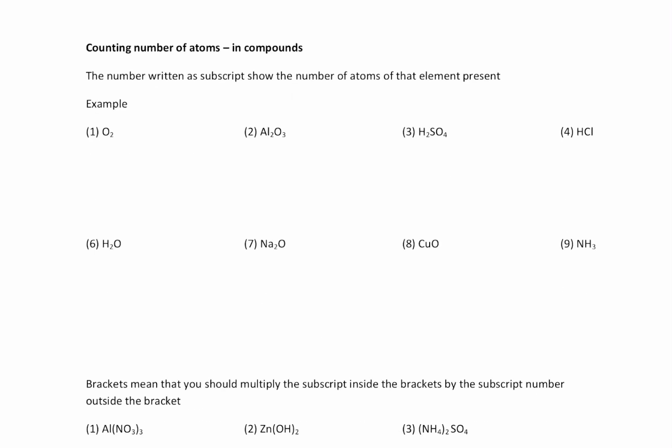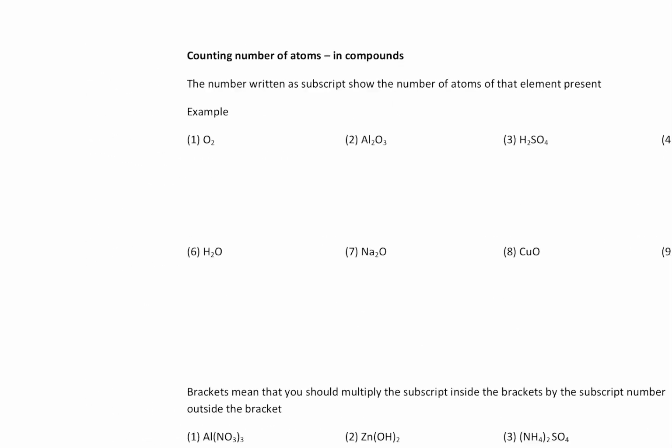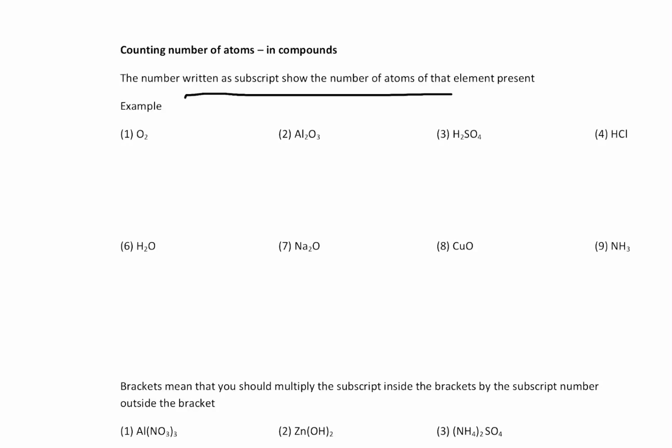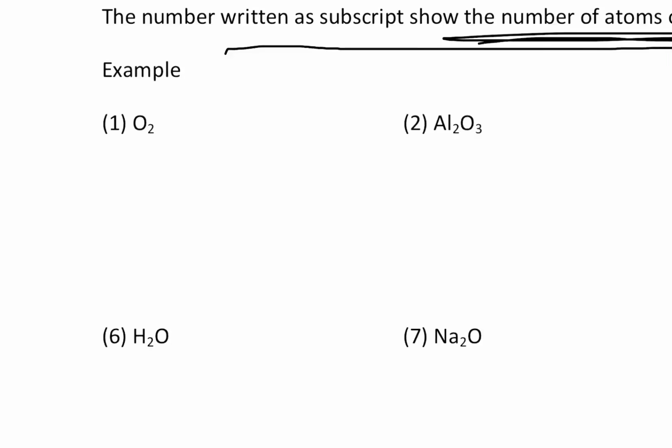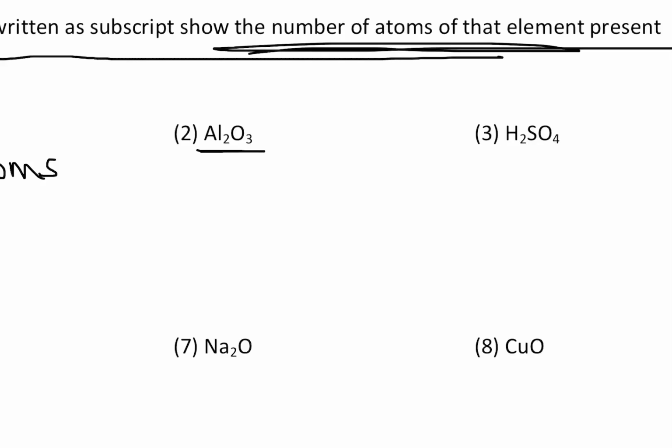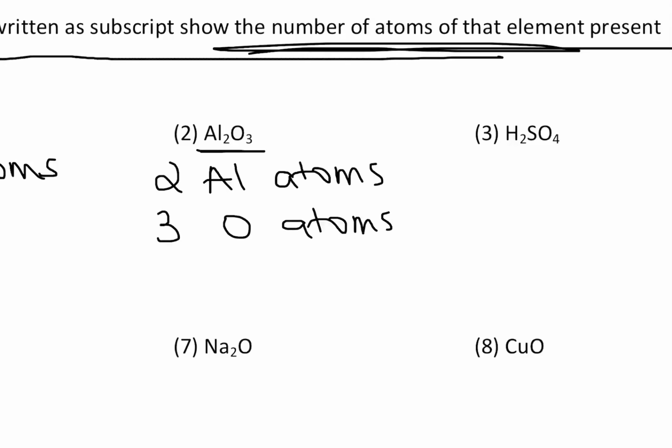So let's use these subscript numbers now. The numbers written as subscript show how many atoms are present in that compound. So in oxygen, there are 2 oxygen atoms. And if you look at Al2O3, there are 2 Al atoms and there are 3 oxygen atoms.